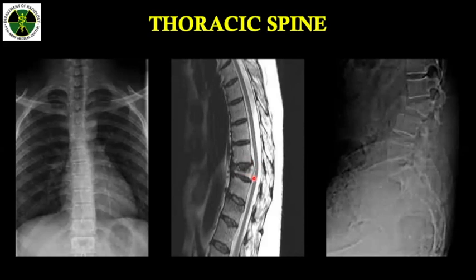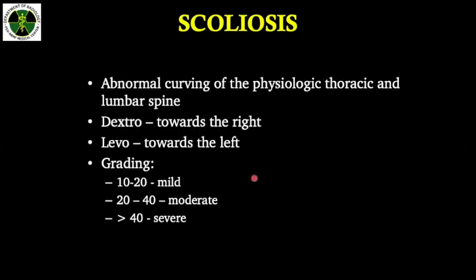Let us now look at fractures in the thoracic spine. Scoliosis refers to the abnormal curving of the thoracic and lumbar spine. Dextroscoliosis refers to abnormal curving towards the right in a frontal radiograph, while levo refers to towards the left.